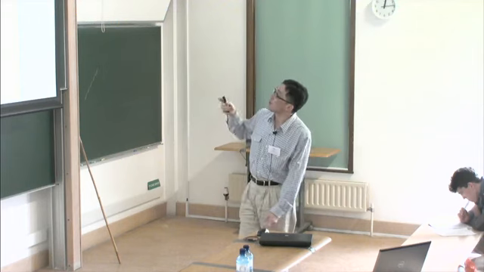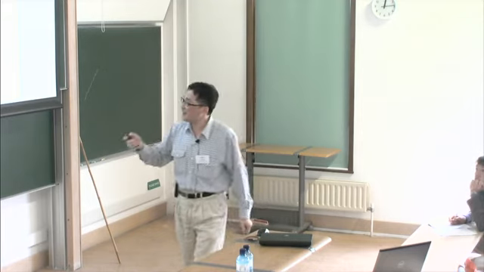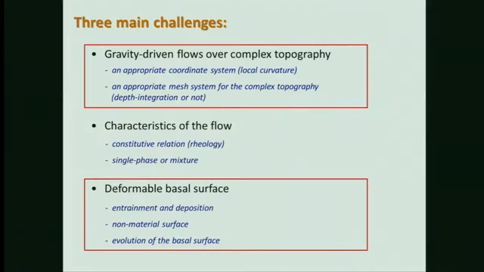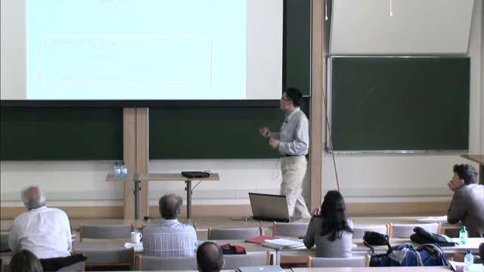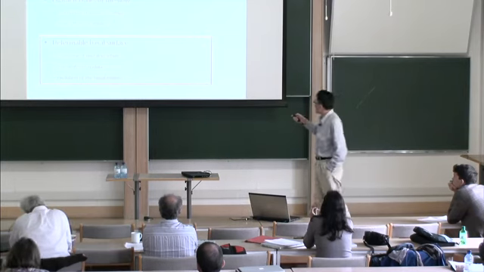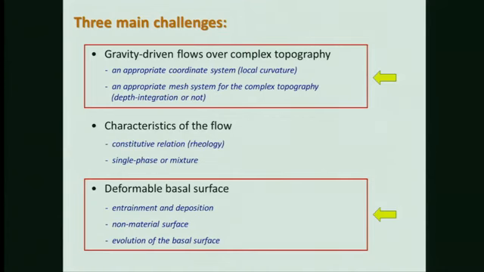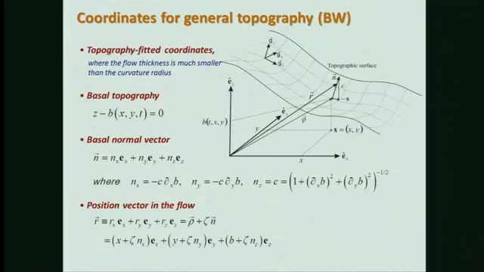And in my recent work, sorry, I just skip the most difficult one, which is the rheology. You are the experts, so I just skip that. My purpose is to propose a general description for such flows. So I concentrate our work on the coordinate system, and we hope that we can describe the erosion and the deposition process.